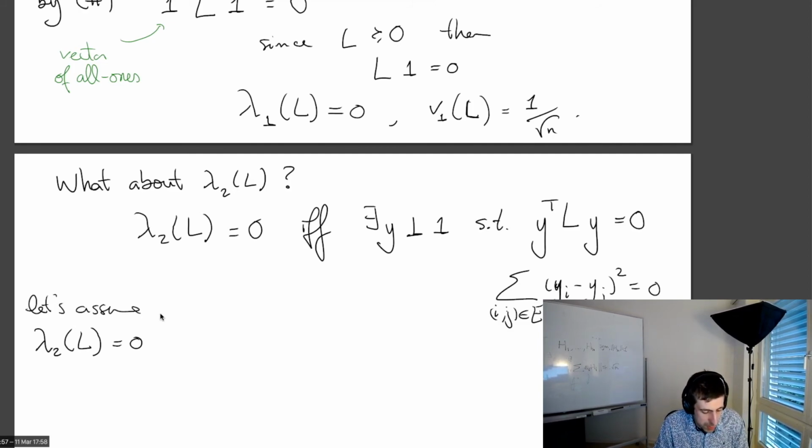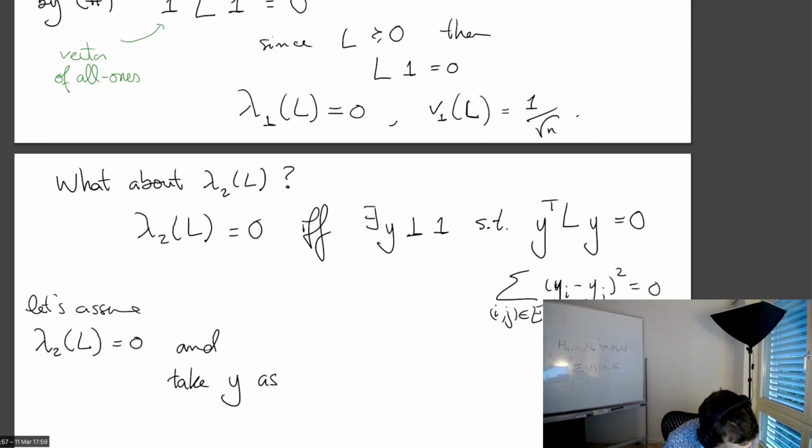I'm going to use this equivalence, which is just a statement in linear algebra, to prove something. If lambda 2 of L is 0, then there must exist such a y. So let's assume that and take y as above.